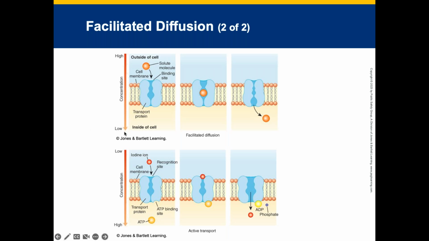Active transport then uses energy from adenosine triphosphate to open a pathway for compounds to move against the concentration gradient. As you can see, it being opened up and moving against the gradient to move through the cell. This is facilitated diffusion here, moving through the cell to get into the other side.